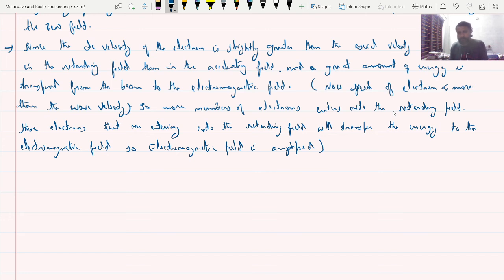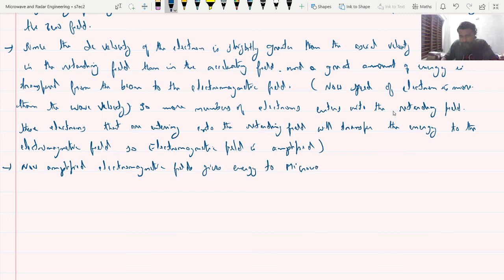Now the amplified electromagnetic field gives energy to the microwave signal voltage. Now, the amplified electromagnetic signal field gives energy to the microwave signal voltage.